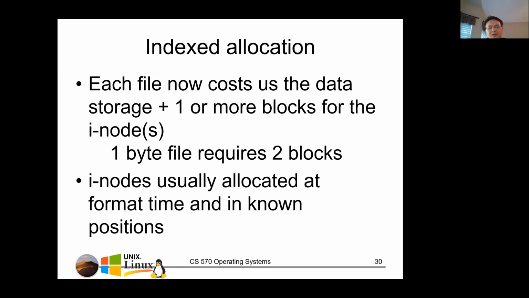Here is a little bit of history on Unix. In the original Unix file system, the first third or quarter of a disk was inodes. The rest were data blocks allocated to the files as needed.